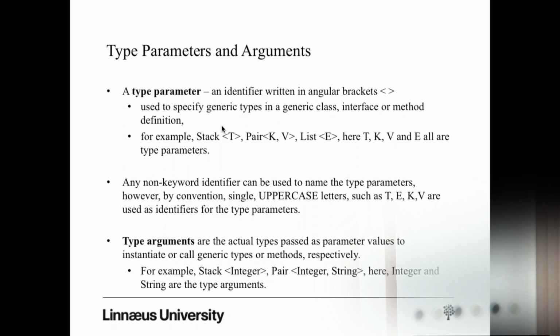Sometimes we also use generics for key value pairs. For example, in a hash table, where you have a hash key and then a value associated with the hash key, if you are using type parameters for the key and value, then the standard convention is to use the letters K and V. And if it's elements, for example elements in an array, then we use E as a convention.